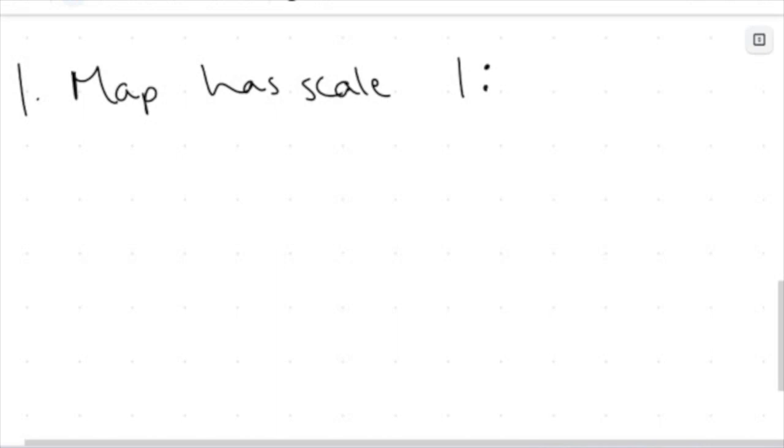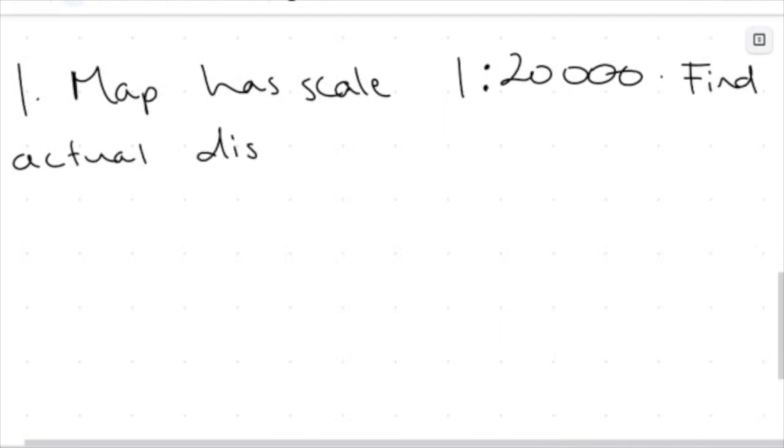So let's look at an example. A map has the scale of, let's say, 1 to 20,000. And what we want to do is find the actual distance of each given scale distance.